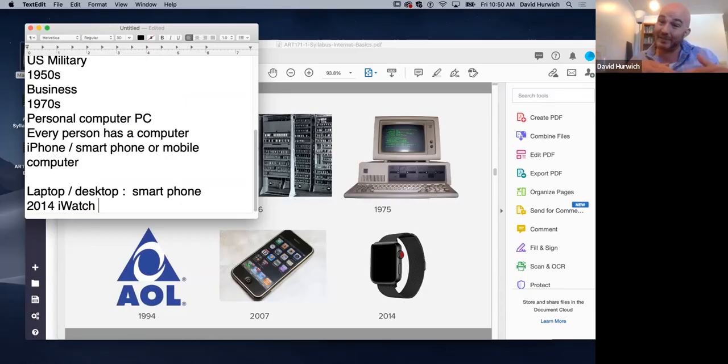Once again, they're very limited computers, but they are computers in the fact that they can run programs and things like that. What we get here is the idea that we now have computers that you can wear as fashion. You can argue that smartphones are already kind of like that, but this is literally something that sits on your wrist. So if you have an iWatch or something like that, that's a wearable technology.